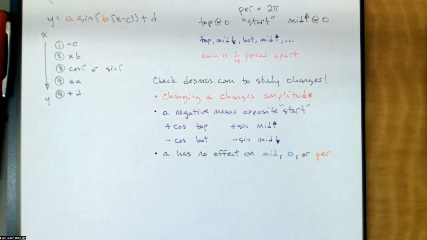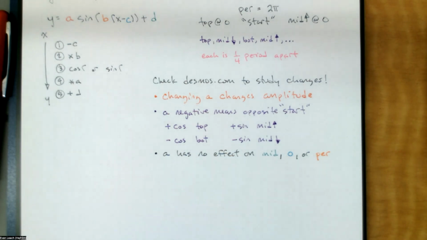So when A is -3, the top is 3, the bottom is -3, the middle is still 0. Still no effect on the middle. So it looks like the absolute value of A is the amplitude.